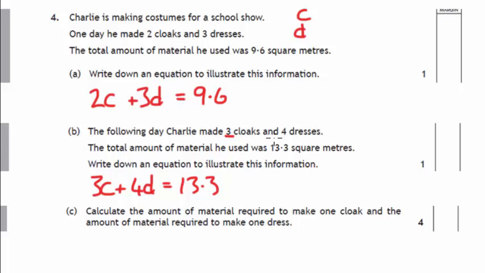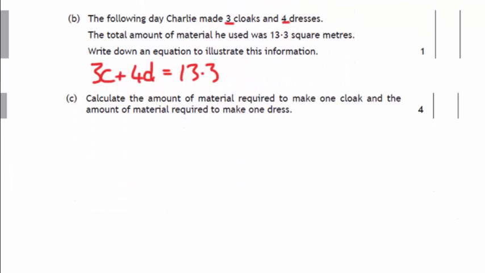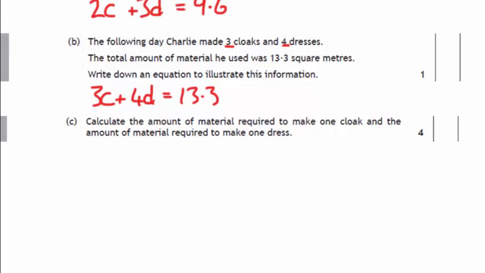You essentially just use the numbers given to you, and they'll either tell you what you're going to use for the actual letter, or you just think about taking the first letter of the word. Now we want to work out how much is required to make 1 cloak and a dress. So we're going to use these 2 equations and try and solve them simultaneously. That's why they're called simultaneous equations.